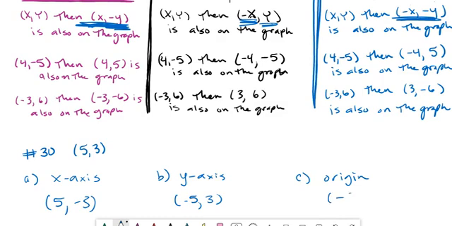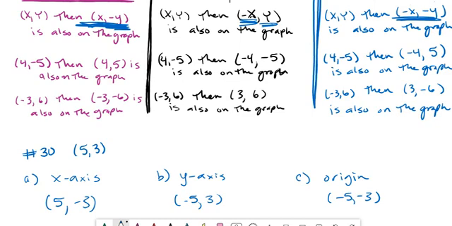So opposite sign of x and opposite sign of y has to also be on the graph. So again, if you have the point 5, 3, and it's on a graph that has symmetry with respect to the origin, then we know the point negative 5, negative 3 has to also be on the graph.